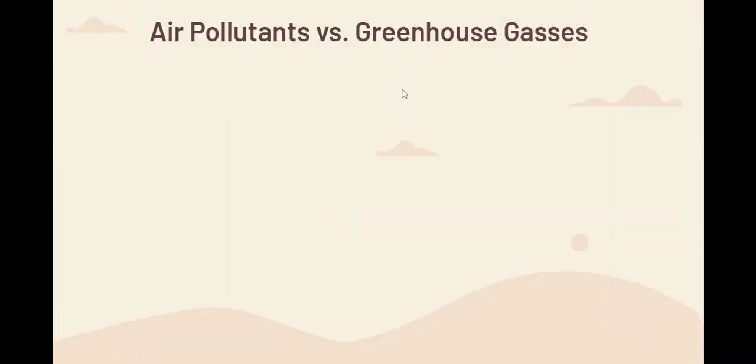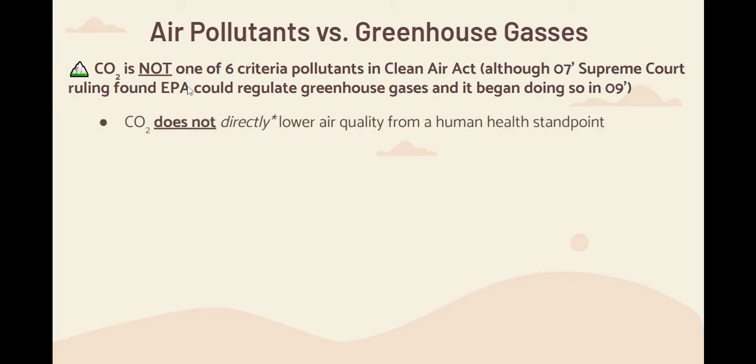Air pollutants versus greenhouse gases. CO2 is not one of the 6 criteria pollutants in the Clean Air Act. However, in 2007, the Supreme Court found that EPA could regulate greenhouse gases, and so it started to do that in 2009. CO2 does not directly lower air quality from a human health standpoint.